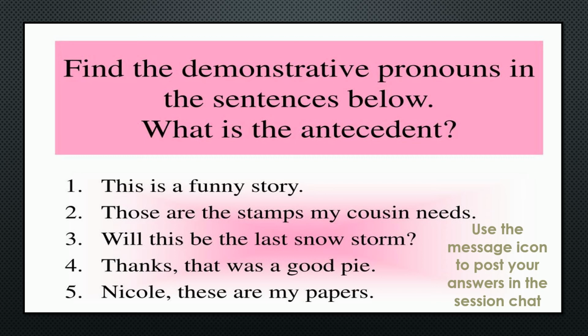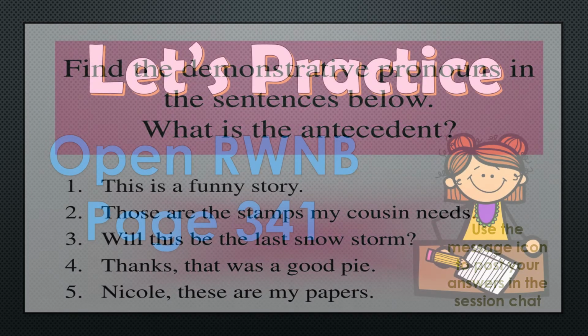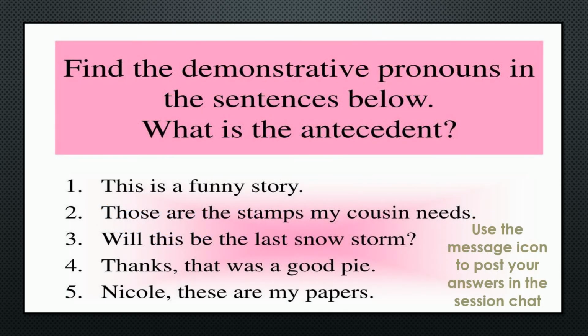So number one, this is a funny story. So if you take the example, then we get to know that this is a funny story. So we have this as the demonstrative.